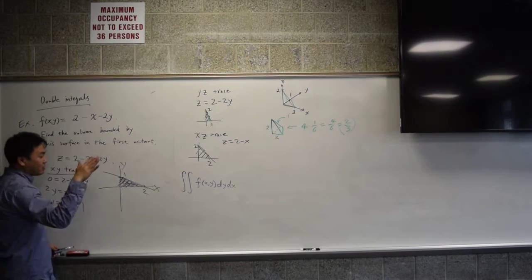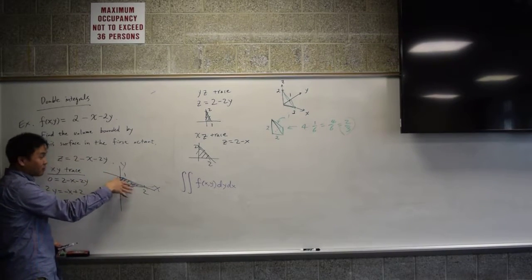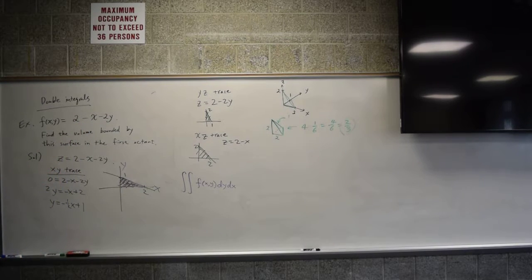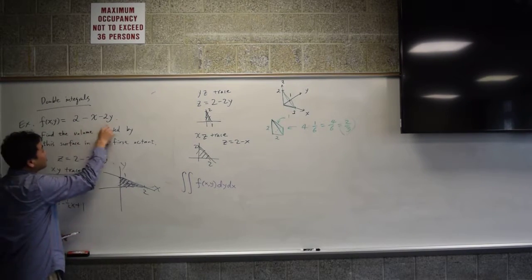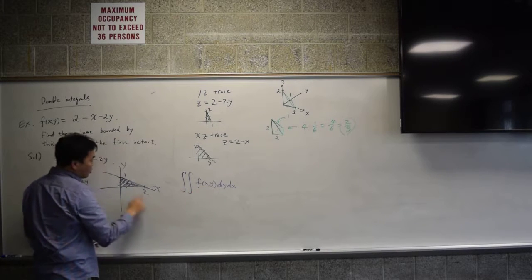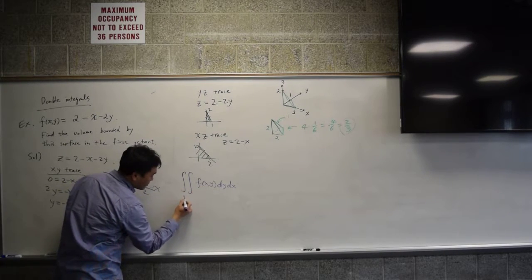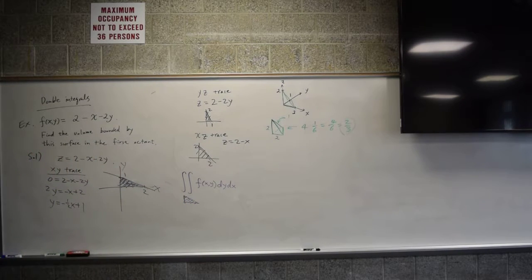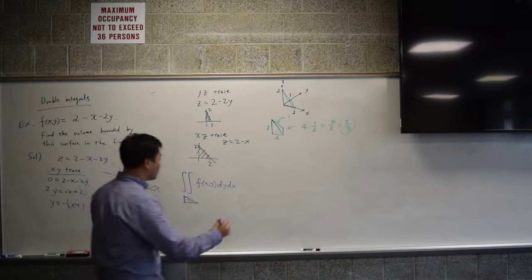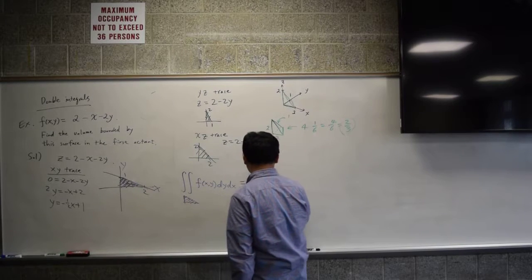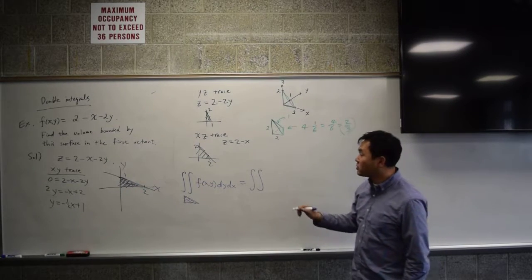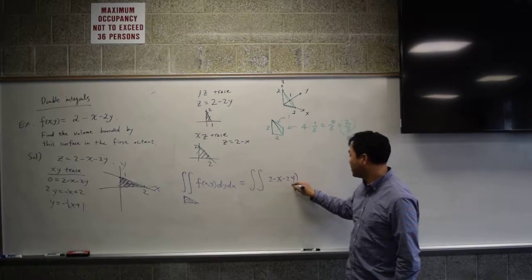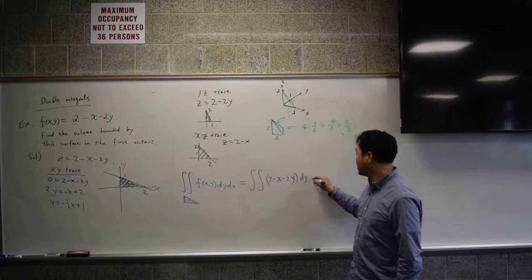And over this, you have this function. All right? So you're trying to integrate this function over this domain. Now let's actually write out the bounds. f(x, y) is 2 minus x minus 2y, dy dx.